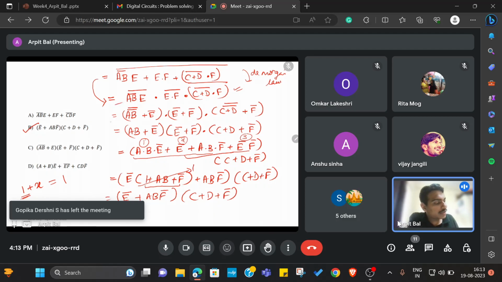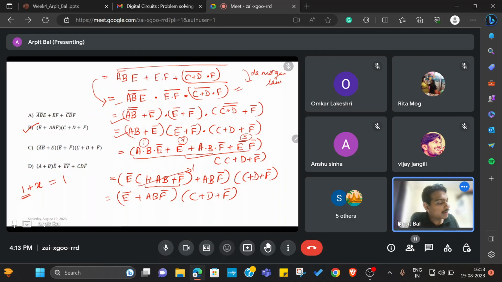Then again we used De Morgan's law, and we arrived at this equation. Then we again use De Morgan's law. In the next step, we try to expand these two terms, and after expansion we take E bar as common from term 1, term 2 and term 3.